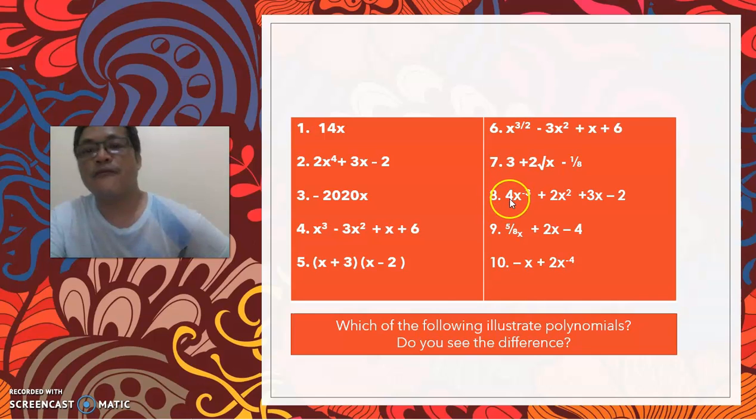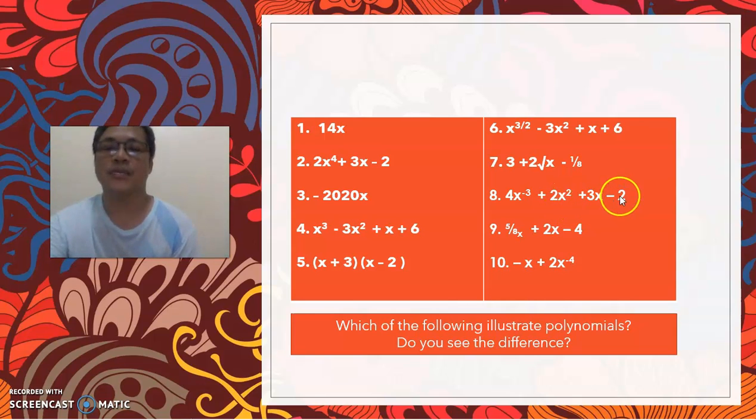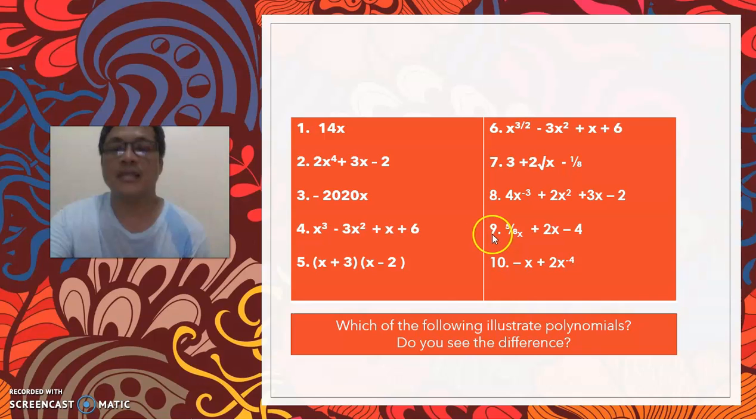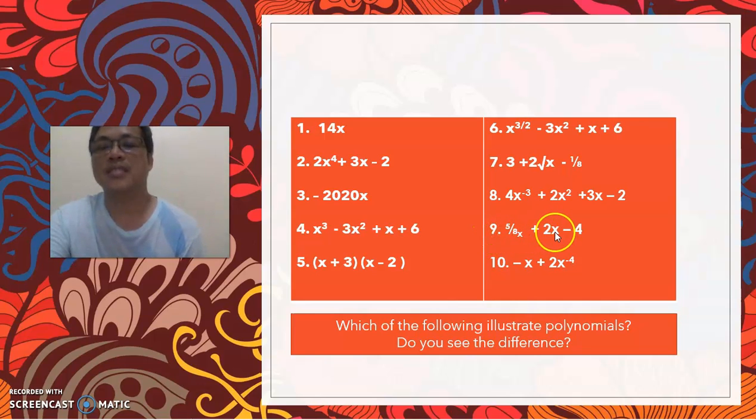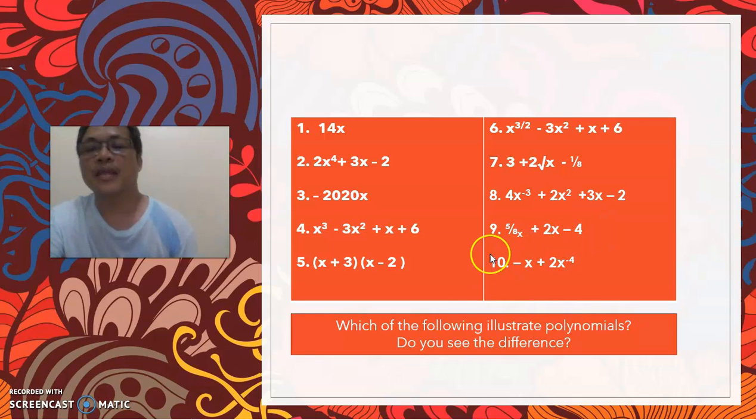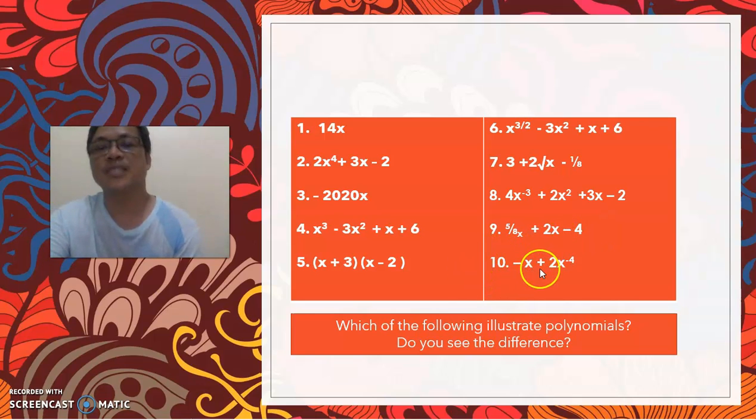Number 8, 4x to the exponent of negative 3 plus 2x to the second power plus x minus 2. And number 9, 5 over 8x plus 2x minus 4. And then number 10, negative x plus 2x to the negative 4 power.